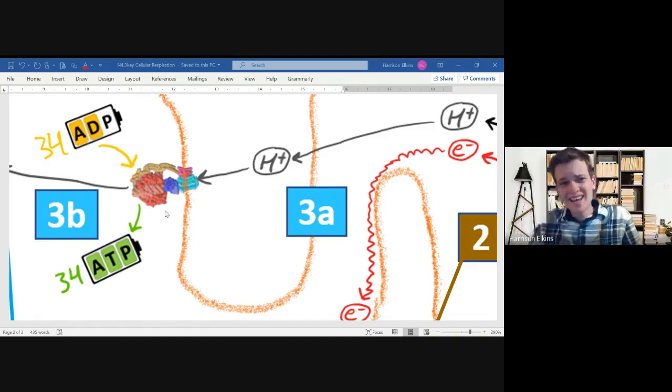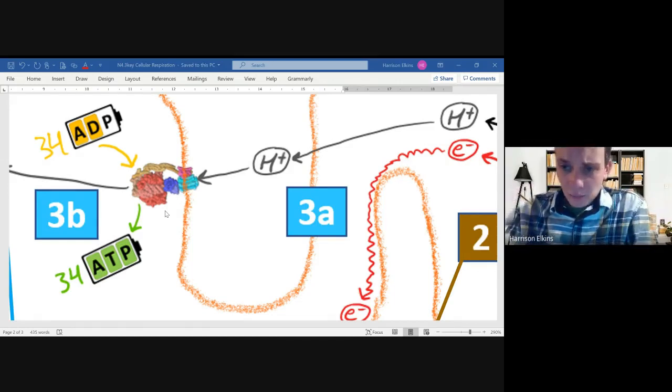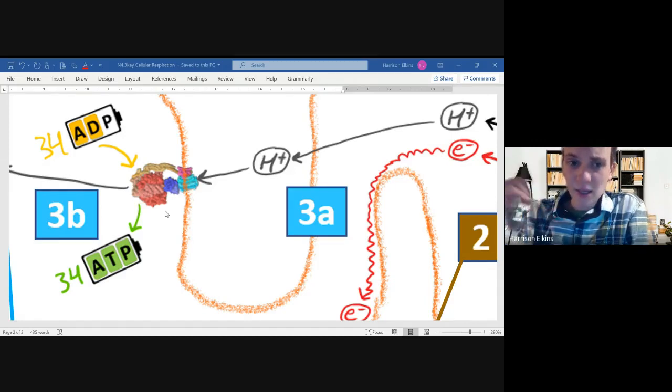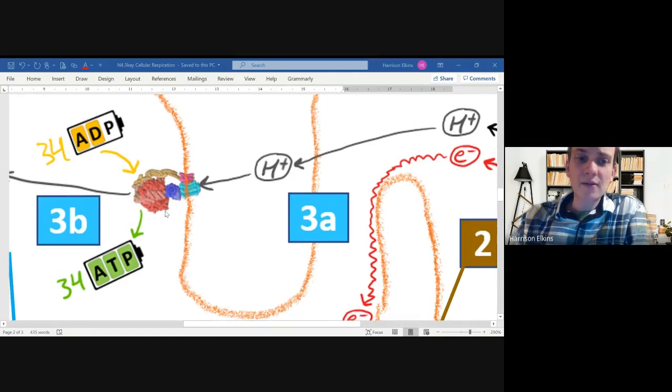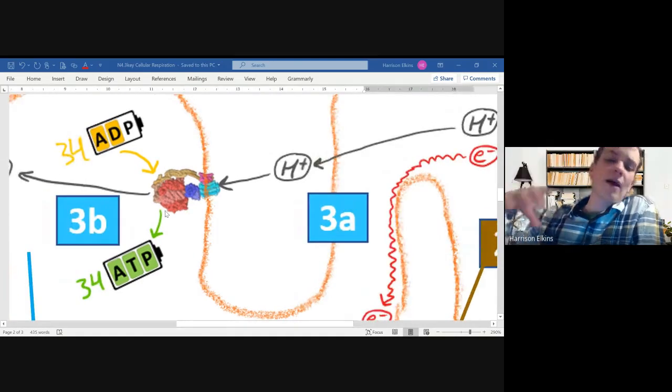Those machines are going to take in all these spent batteries, okay? For every glucose molecule that I've had, I'm going to get about 34 ADP batteries that are going to come into my ATP synthase. And the ATP synthase protein is going to take phosphates that are just floating around.